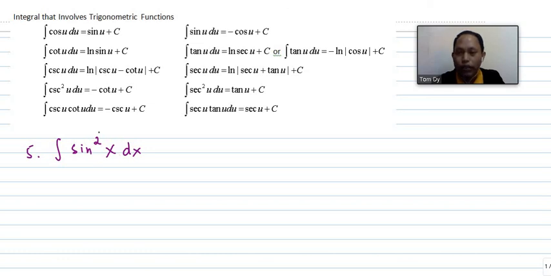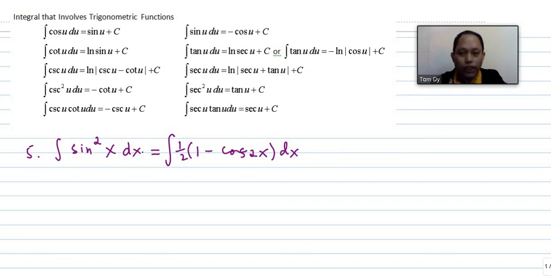Instead, we will change this sine squared x to its equivalent identities. So this one, sine squared x, is equivalent to 1/2 of 1 minus cosine of, double angle formula, 2x, times dx.